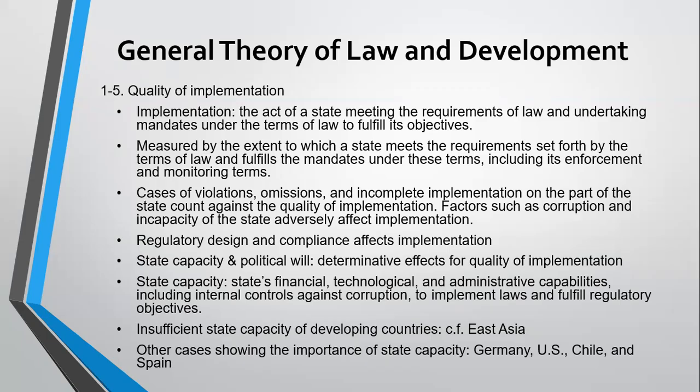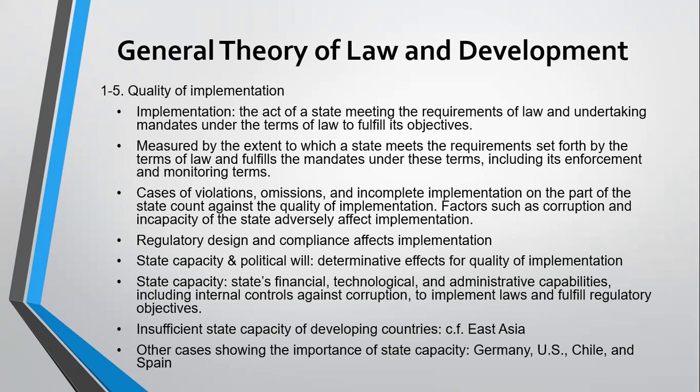So if a country sets up a law that authorizes the government to grant subsidies to promote a particular industry, then the government has to act to fulfill the legal mandates by selecting beneficiary industries, determining the process to make those grants, and third, monitoring its implementation, its application. All of this will be a state act of implementation of the law.